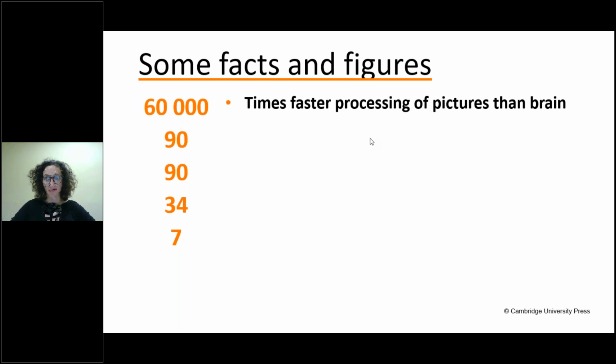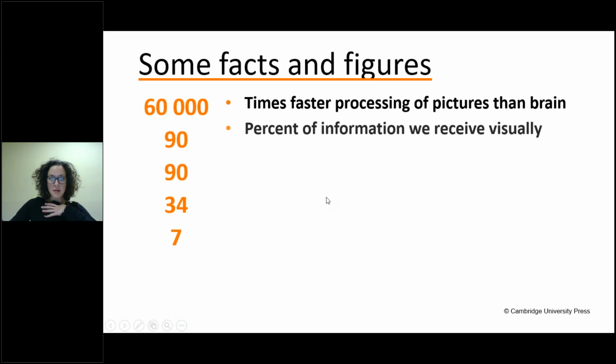So our brain can process images 100 times faster than text. 90% stands for the 90% of information we receive visually.